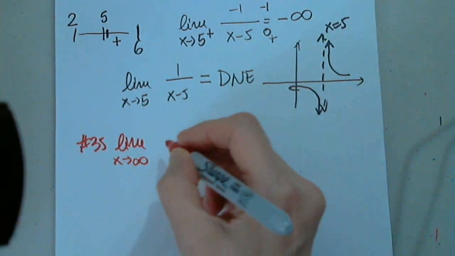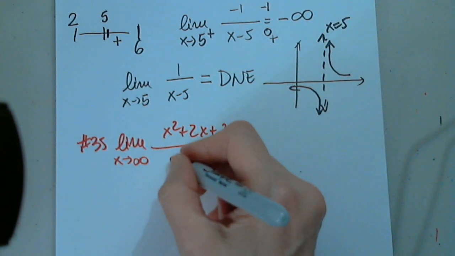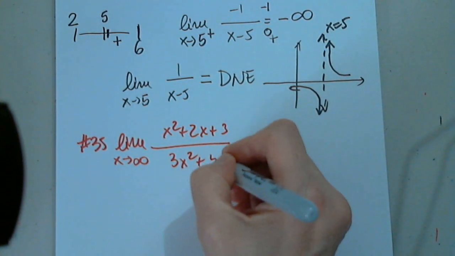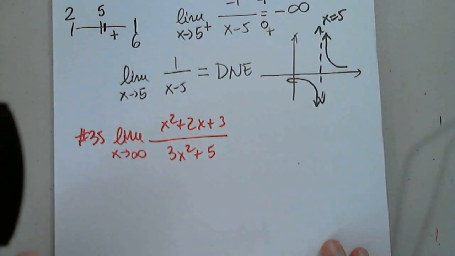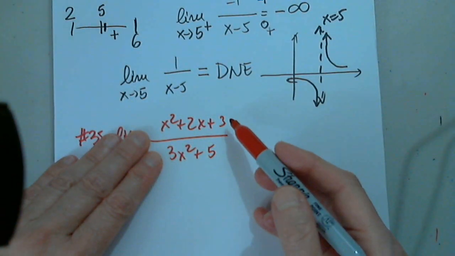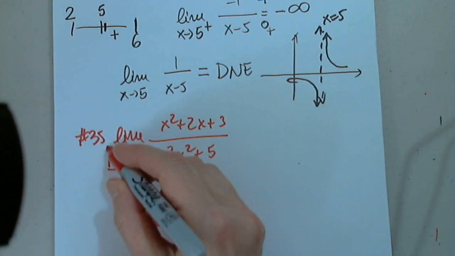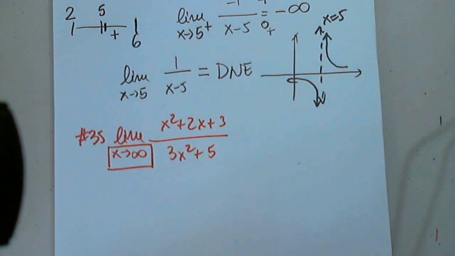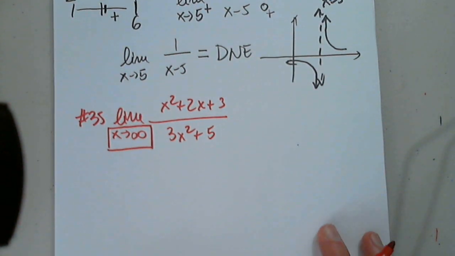Limit as x approaches infinity of x squared plus 2x plus 3 divided by 3x squared plus 5. Okay, so this is a different situation. It's still a rational function, but what is different now? This. We have never seen this before: x approaches infinity or negative infinity. So that's why this example is different.